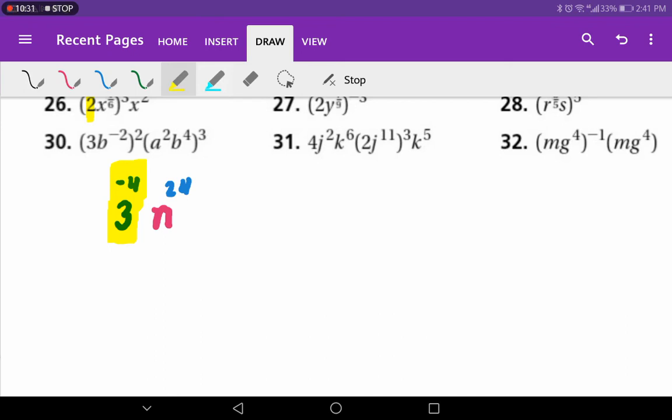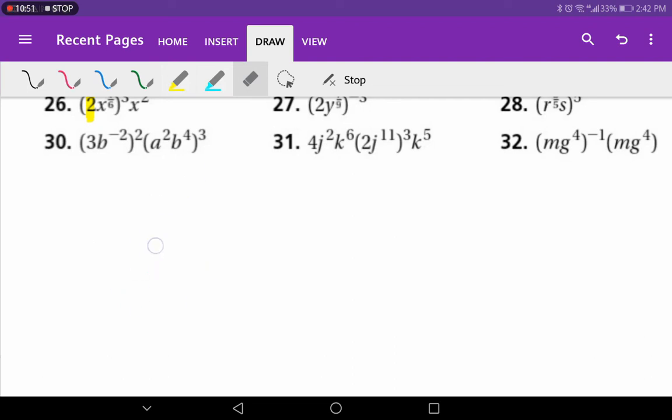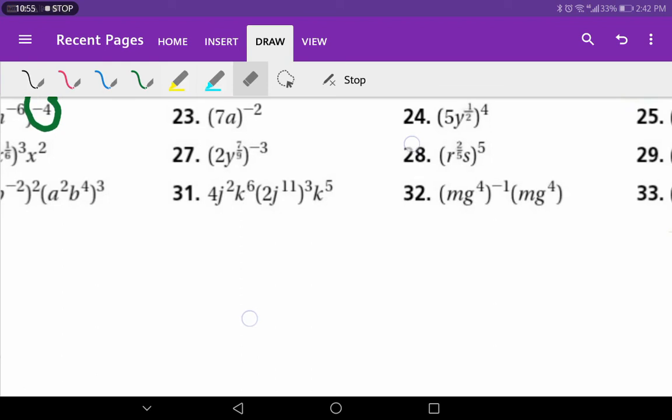So we draw a line like this, and we cut this, and we push it down, and we change the sign. It will be positive. We're done. Are you happy? I hope so. Let us move to the next question here, 7a to the power negative 2 or 3.